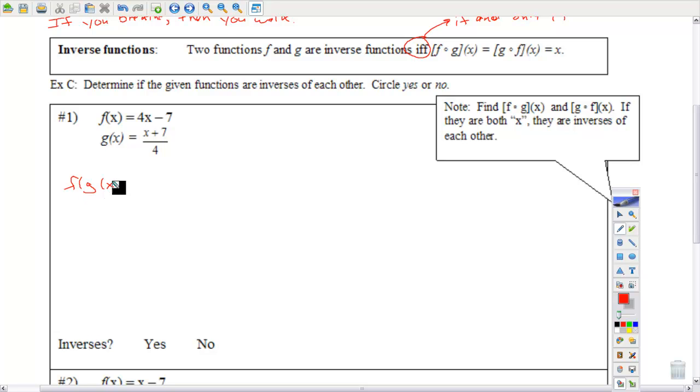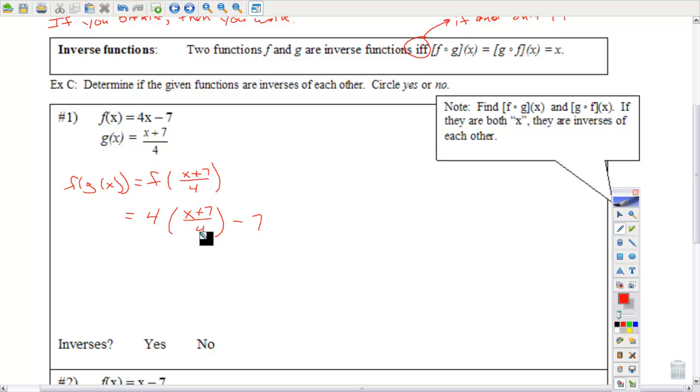So f of g of x equals f of x plus 7 over 4. Function f is 4 times x, which we're now saying is x plus 7 over 4, minus 7.